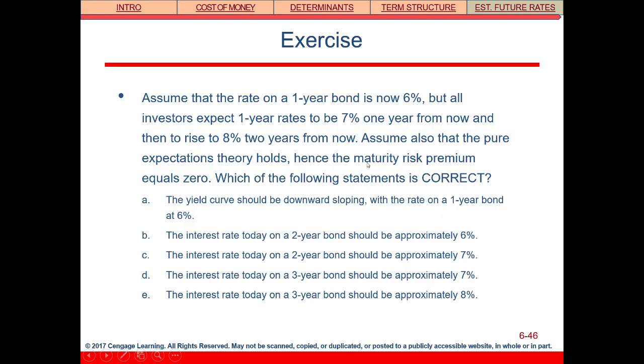So in this case, the 2-year bond should be anywhere between 6 and 7%. So it shouldn't be 6%, neither should it be 7%.